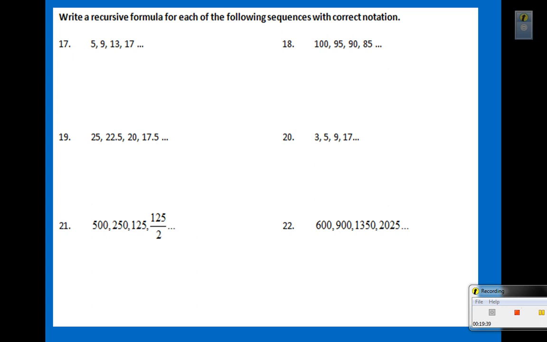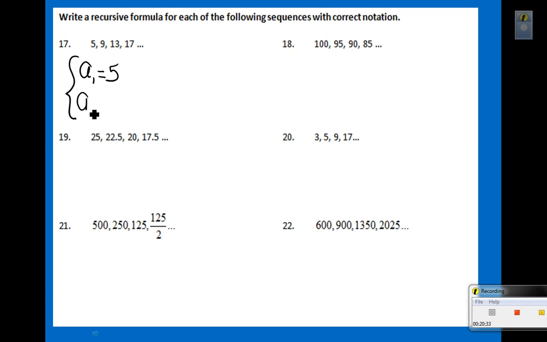Well, here's what it's going to look like then. I need these cool parentheses to show that what I write goes together. And I'm going to pick some letter. I'm going to use A's or B's. I'm going to say A sub 1 is 5. And now, here comes the notation.